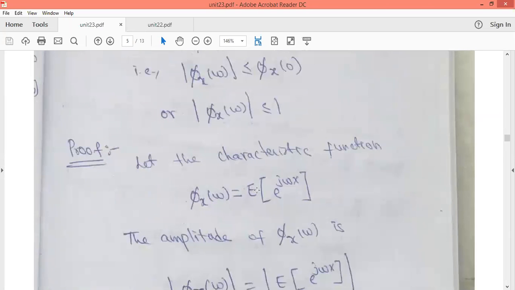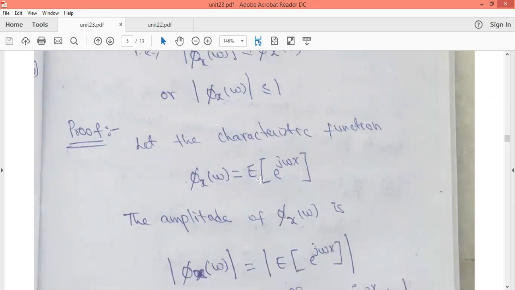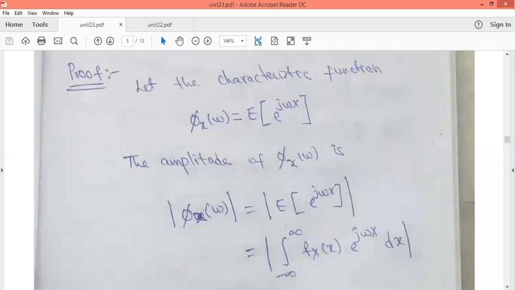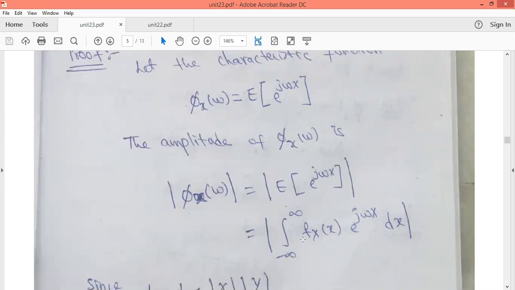The proof of this: phi x of omega is equal to what? The expectation of e power j omega x. Now the amplitude, mod phi x of omega, is the modulus of the expectation of e power j omega x.